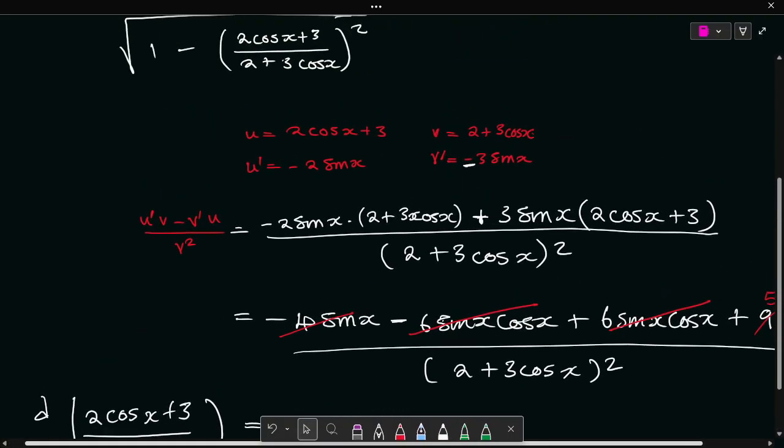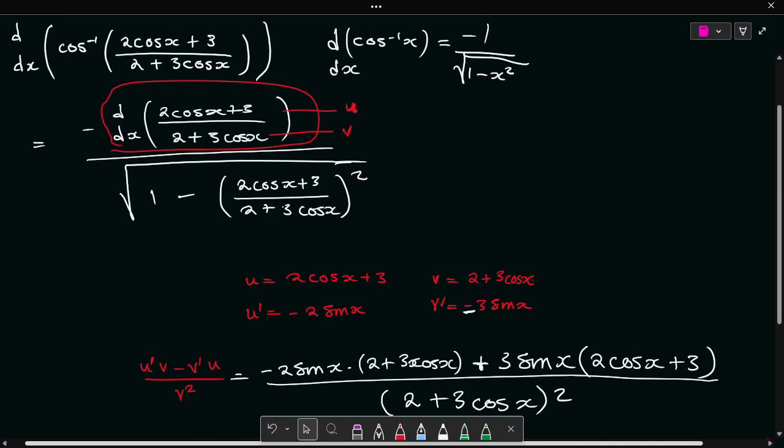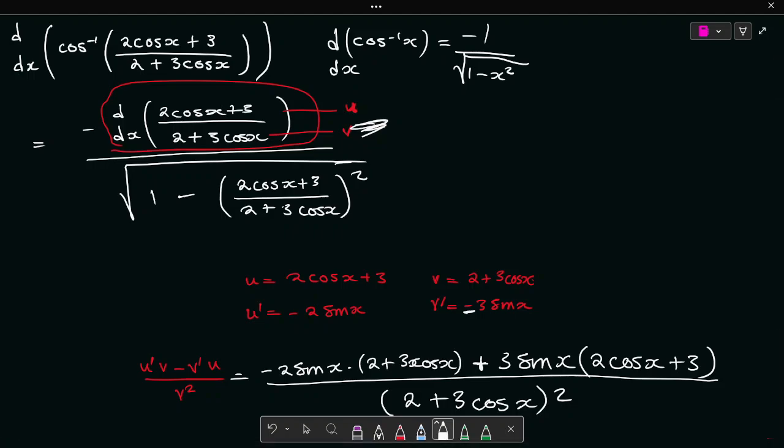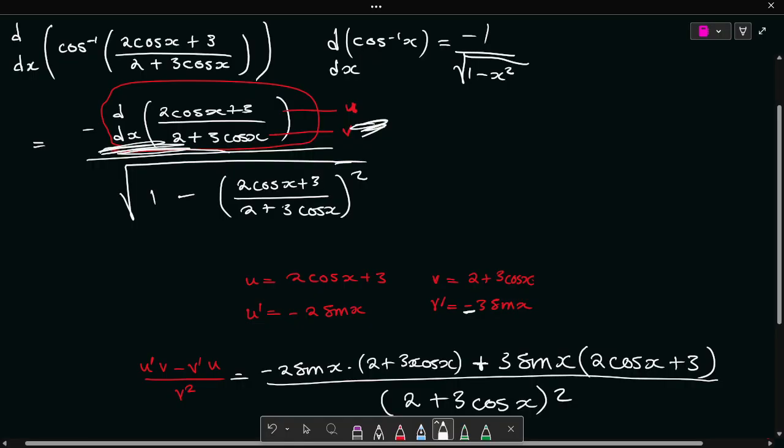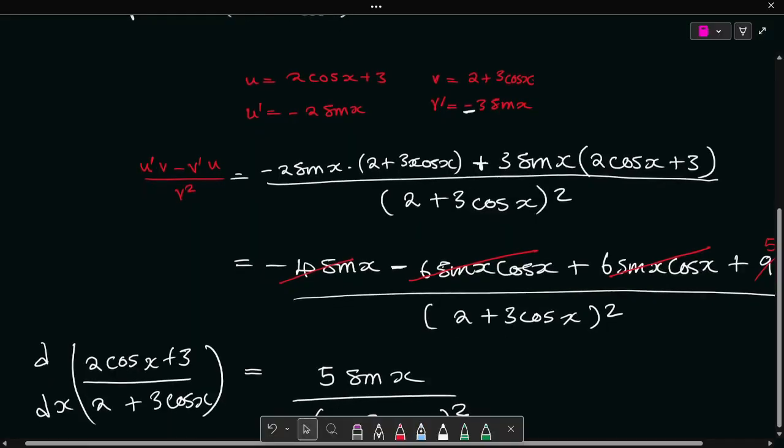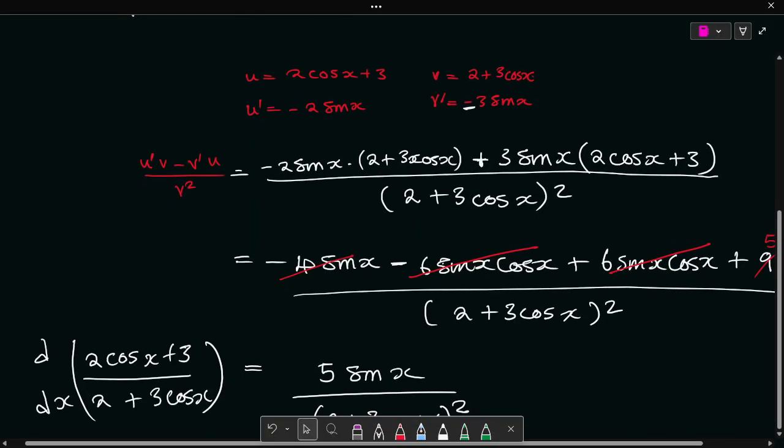So once you have this part, now it's the time when you can place it here. Don't waste your time trying to continue solving here. Make sure you solve it separately. It's going to be more neat and you're not going to get confused.